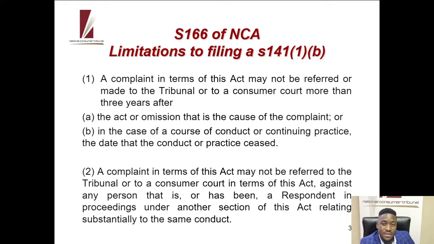Furthermore, a complaint in terms of this Act may not be referred to the tribunal or to a consumer court against any person that is or has been a respondent in proceedings under any other section of this Act relating substantially to the same conduct.